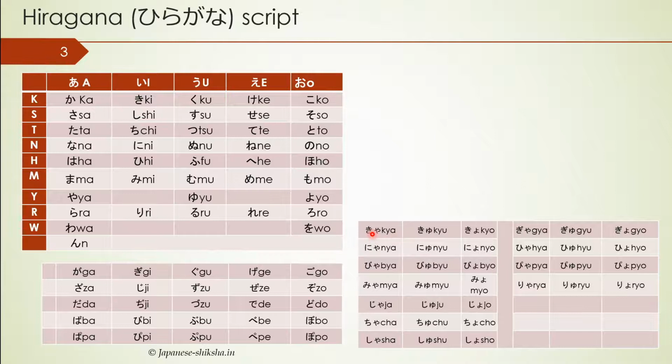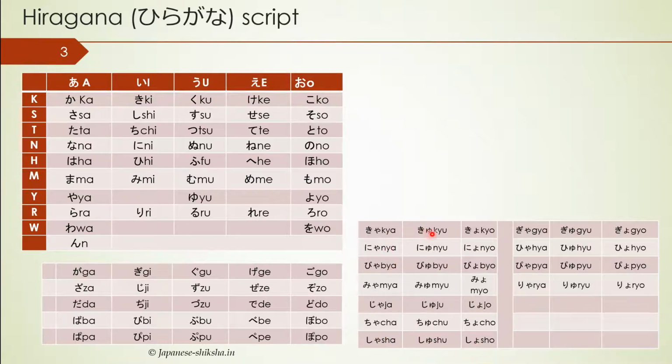Okay. Kya, kyu, kyo, nya, nyu, nyo, bya, byu, byo, mya, myu, myo, ja, ju, jo, cha, chu, cho, sha, shu, sho.